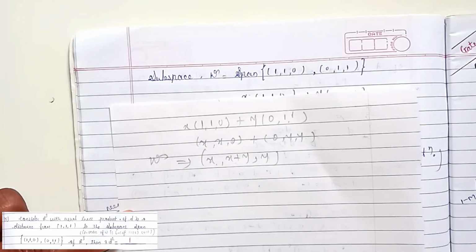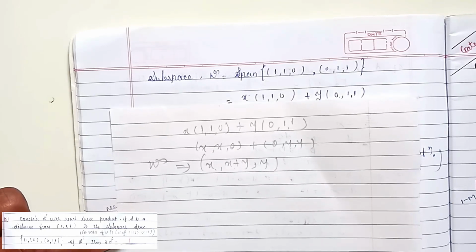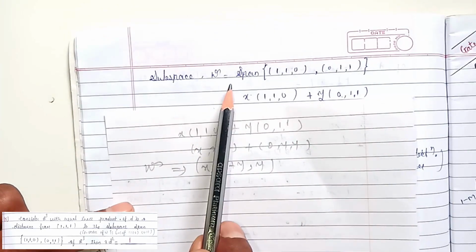It is very easy to find the spanning set of two vectors.